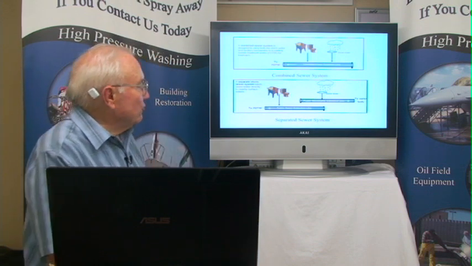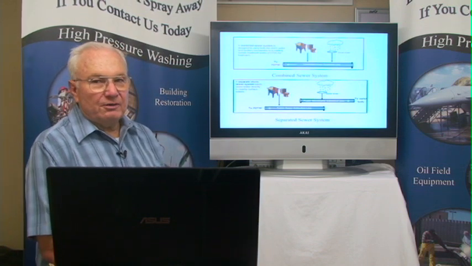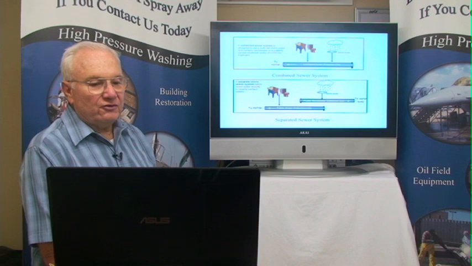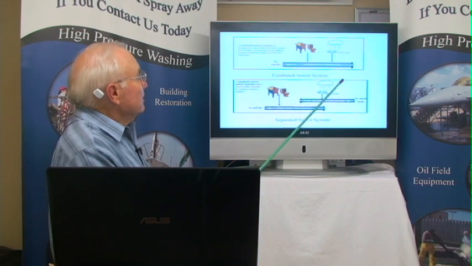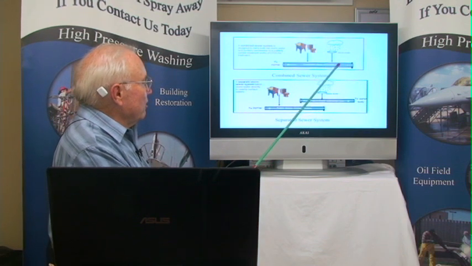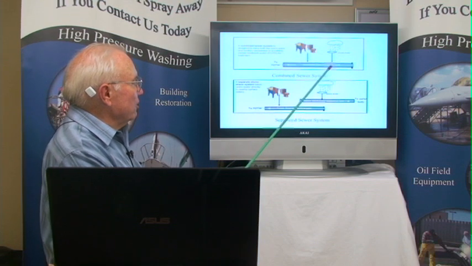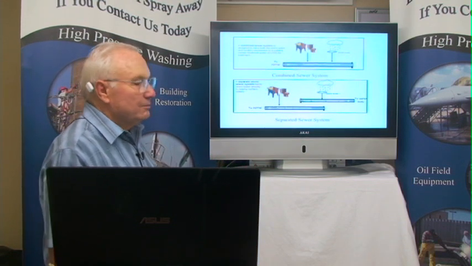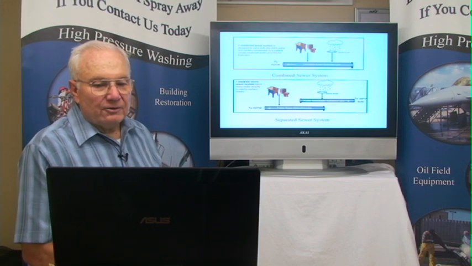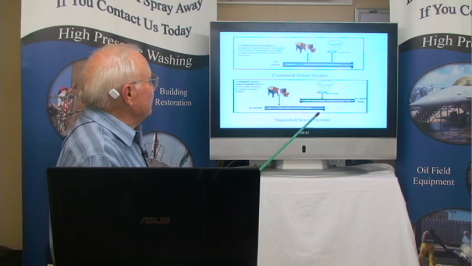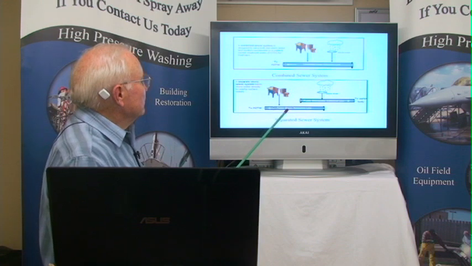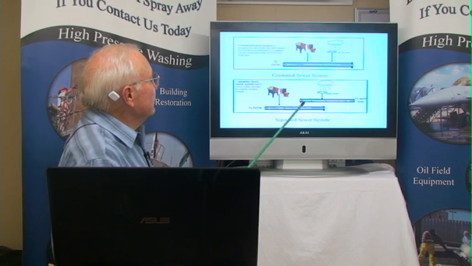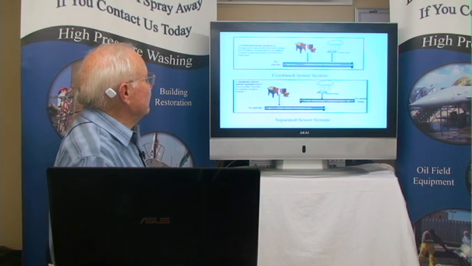Now, there's basically two types of storm sewer and sanitary sewer systems in the United States. If all your storm water and your sanitary sewer water goes through the same pipe, it's called a combined sewer system. If you have separate pipes for your sewer collection line and the stormwater collection line, that's a separate.